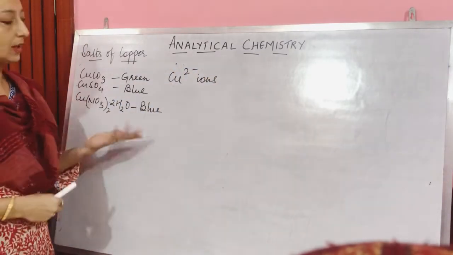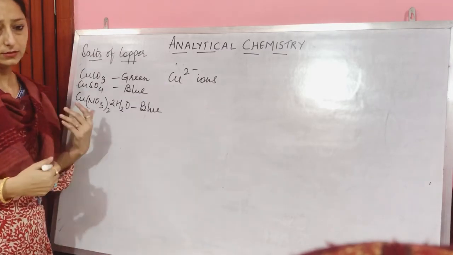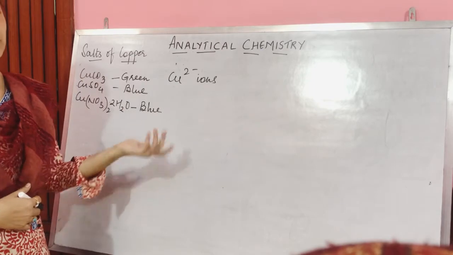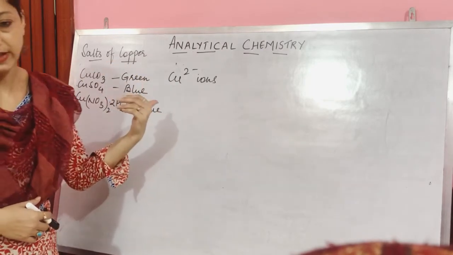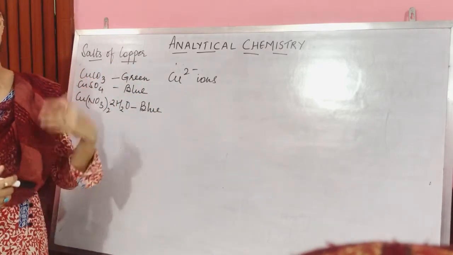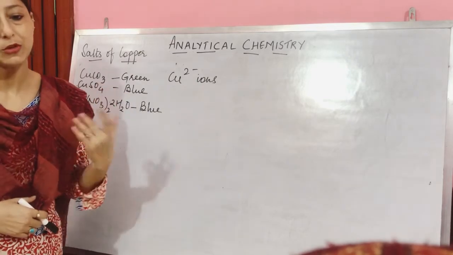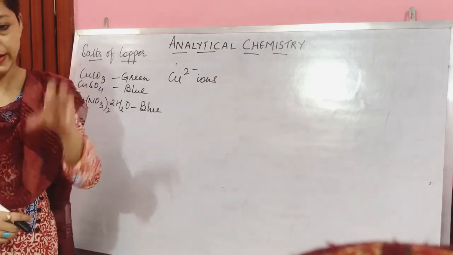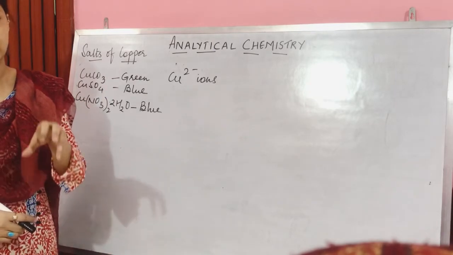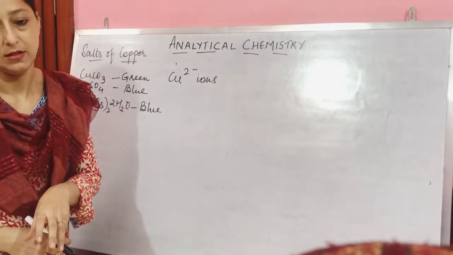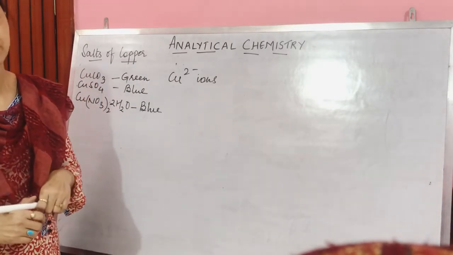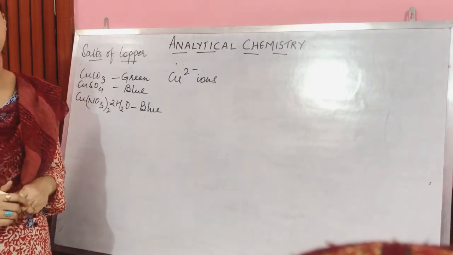Now, next step we will see the action of sodium hydroxide. When we add sodium hydroxide solution to a solution which has copper ions, what does it do? It forms a pale blue precipitate of copper hydroxide.